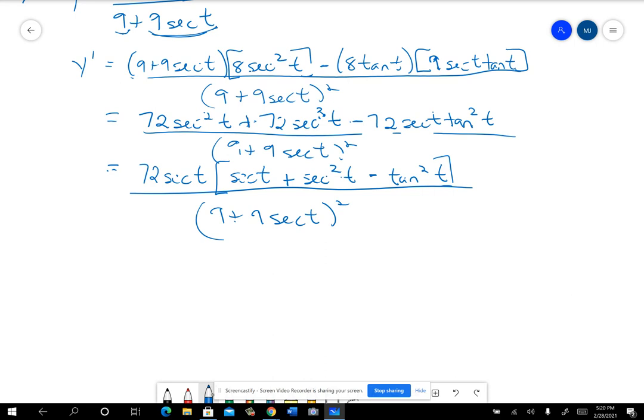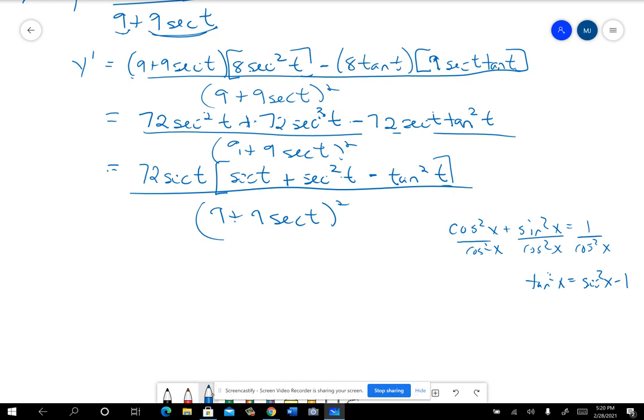Let me check one thing real quick. I'm just checking something to make sure. Okay, so there is a little something. I just wanted to be sure I had the signs right.